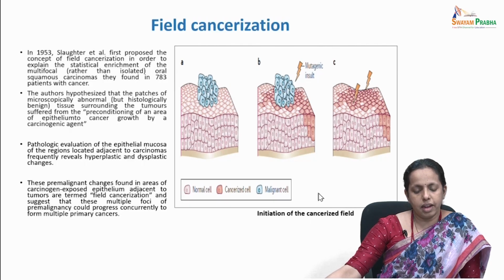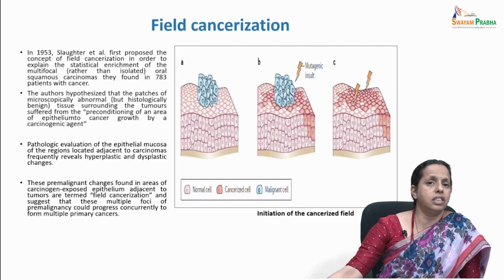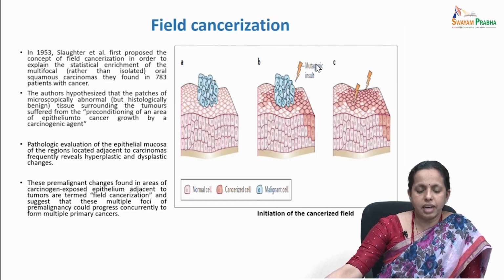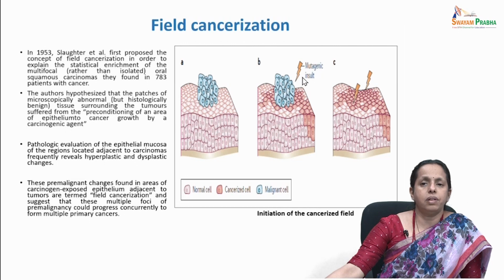Isn't it two fantastic terms? You have field cancerization, and then initiation of the cancerized field. So where does the initiation of this cancerized field happen? It is again the mutagenic insult, which I was talking about in my earlier slide.